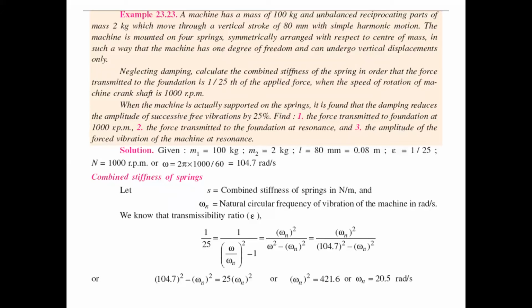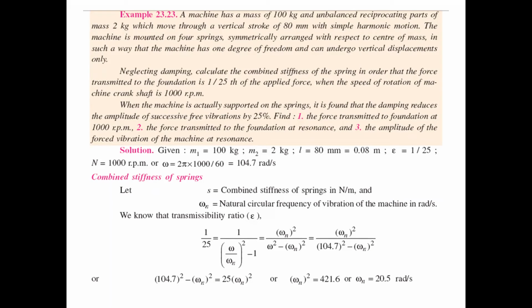Now we go on to calculate the unknowns. Before that, let us represent some symbol notations. Let small s equal the combined stiffness of the springs, and omega n equal the natural circular frequency of vibration. When the damper is not provided in the system, we have to find the omega n value.